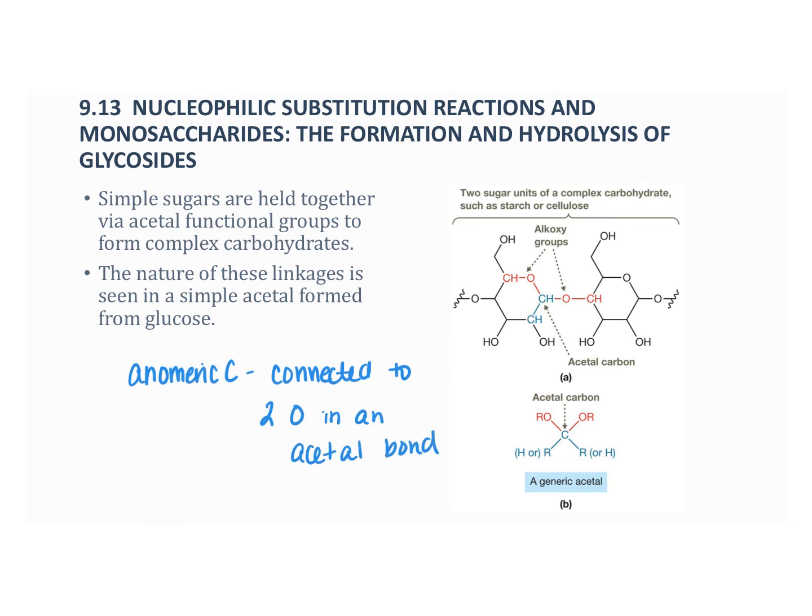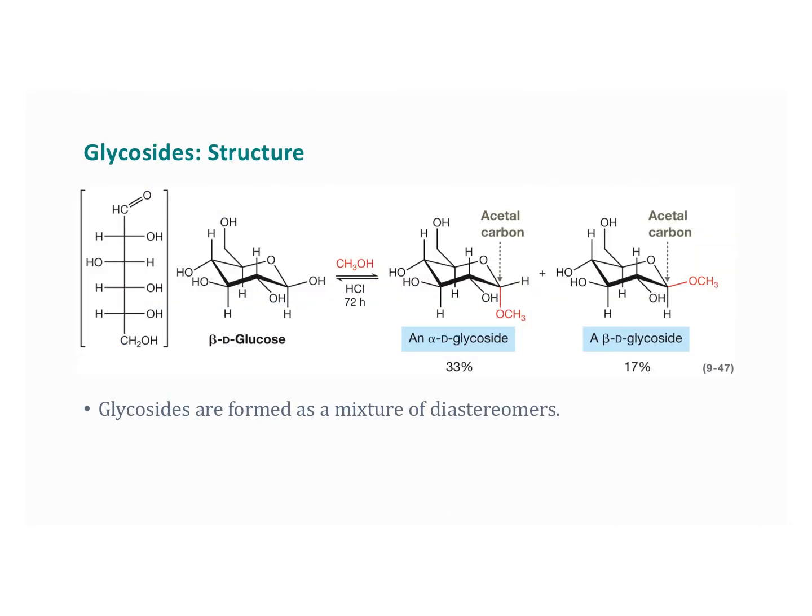Okay, and so the acetal group involving a sugar can be produced in the laboratory just simply by treating a monosaccharide with alcohol under acidic conditions. So if we have our long chain monosaccharide here, right, and we treat it under acidic conditions, we end up with an alpha D glycoside and a beta D glycoside.